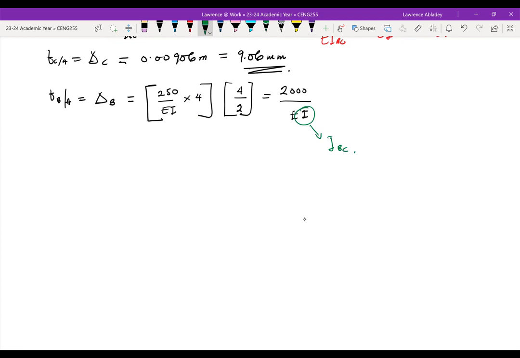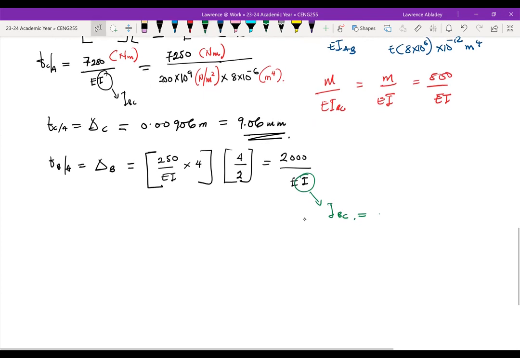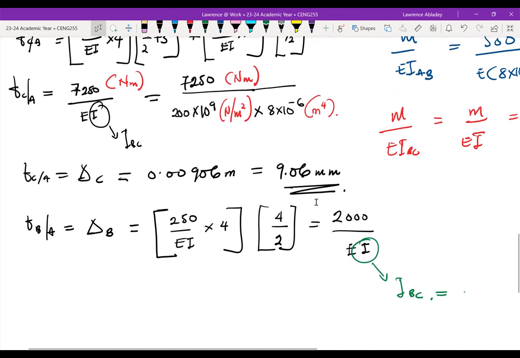Okay. And IBC, if you convert it into meter 4, then it becomes, let me make sure I get it. Sorry, please, going back here, the IBC is not 8, IBC is 4. Please take note, the IBC is 4, not 8.